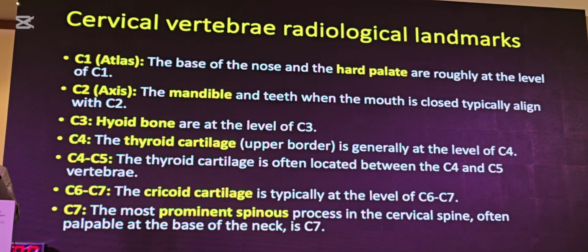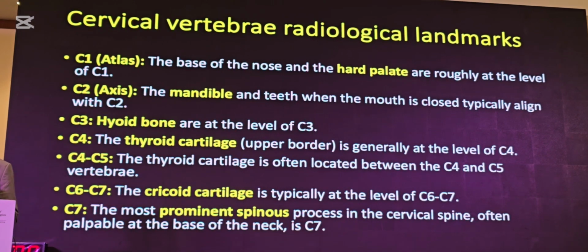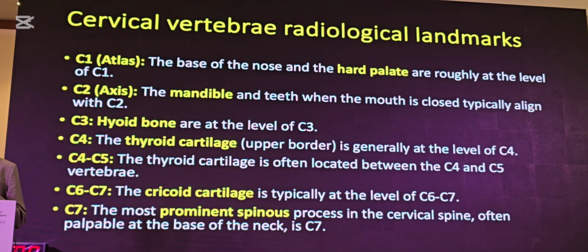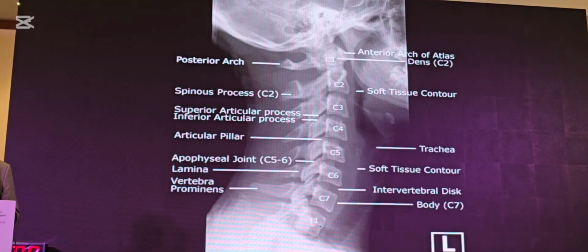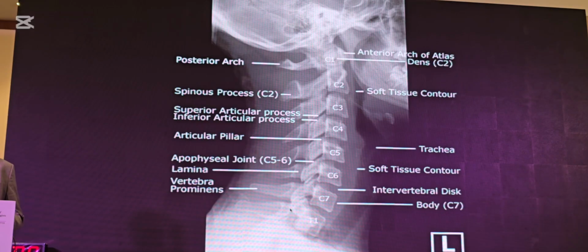C4 and C5, thyroid cartilage is a bit broader, so C4 and C5 correspond to thyroid cartilage, and C6 or 7 cricoid cartilage. Sometimes we will be able to see T1 also, if the neck is longer. And when you keep your hand on the back, if you see one prominent spine on the back side, the lower part, that is the cervical spine 7, C7. Clear? That's the longest spinous process, and that's 7.